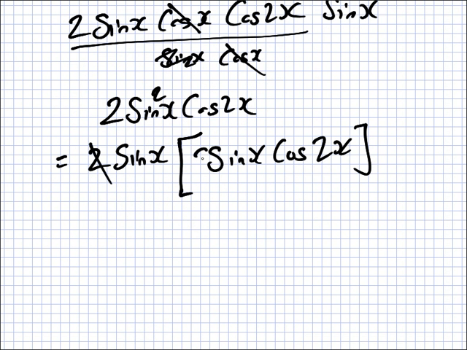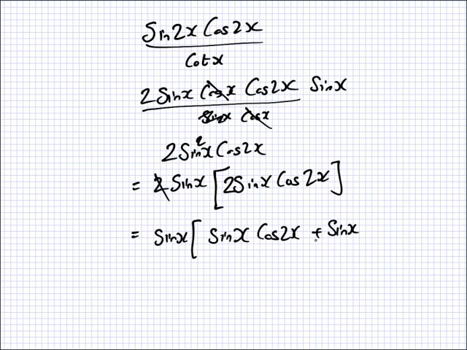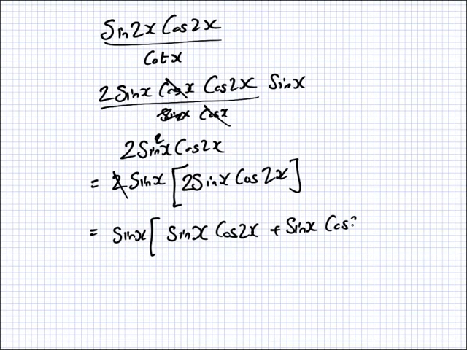I'll bring the 2 back in, and then I'll change that into sine x cos 2x plus sine x cos 2x? No, I don't know. Hang on. Would this work? No, that won't work. You have a cube. You have a power 4. No, I get it now.